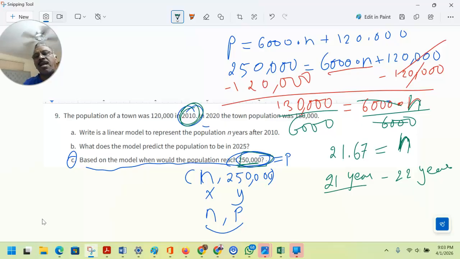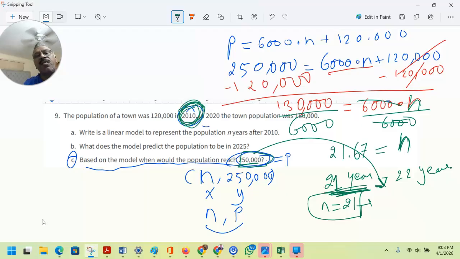So that means I can take 21 years, because this is in between 21 to 22 years, which is already reaching 250,000. So we can use this number 21. So N is 21. So this piece is 21 years since 2010.